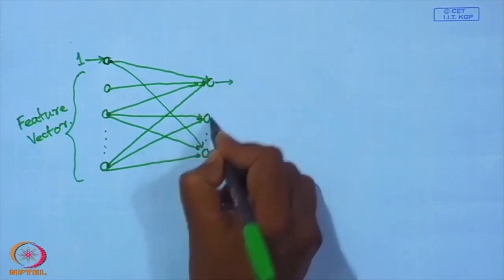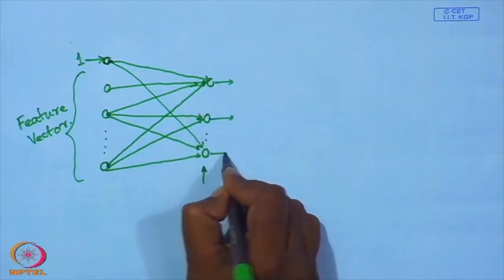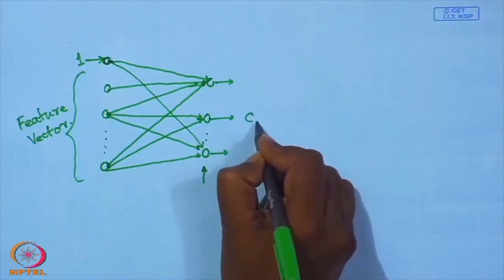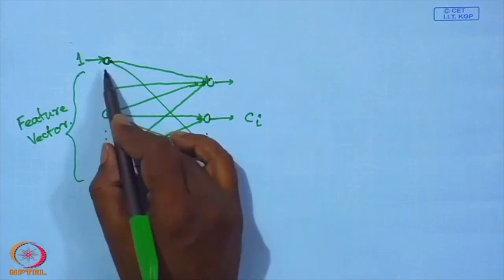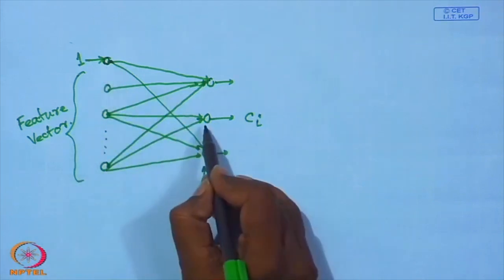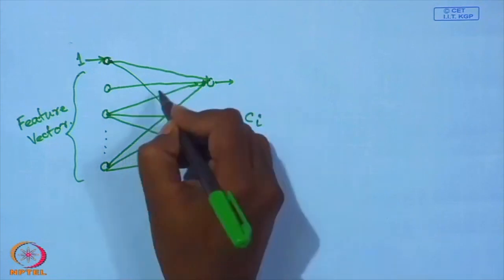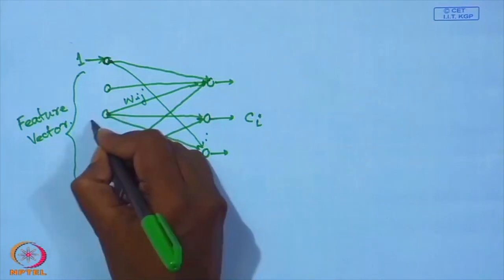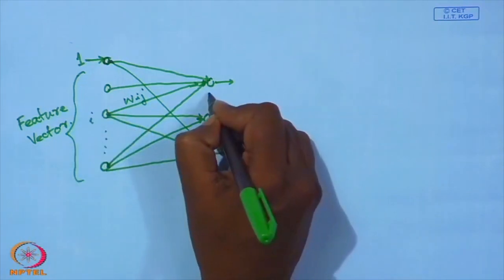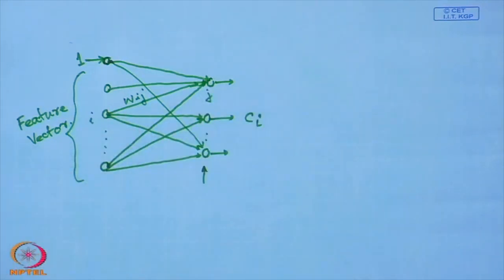The outputs of the different nodes in the output layer indicated the corresponding class, say C i. Every node in the input layer is connected to every node in the output layer through a connection weight, say w i j. So, the ith node in the input layer is connected to the jth node in the output layer through a connection weight w i j.